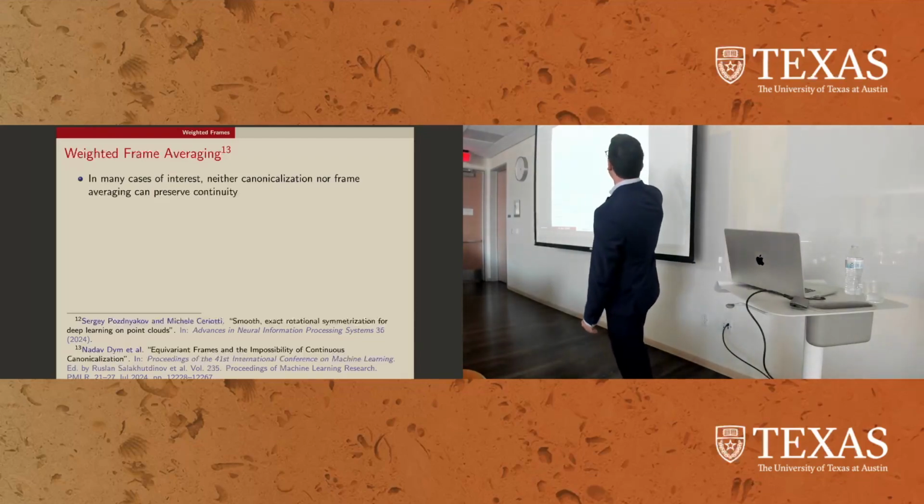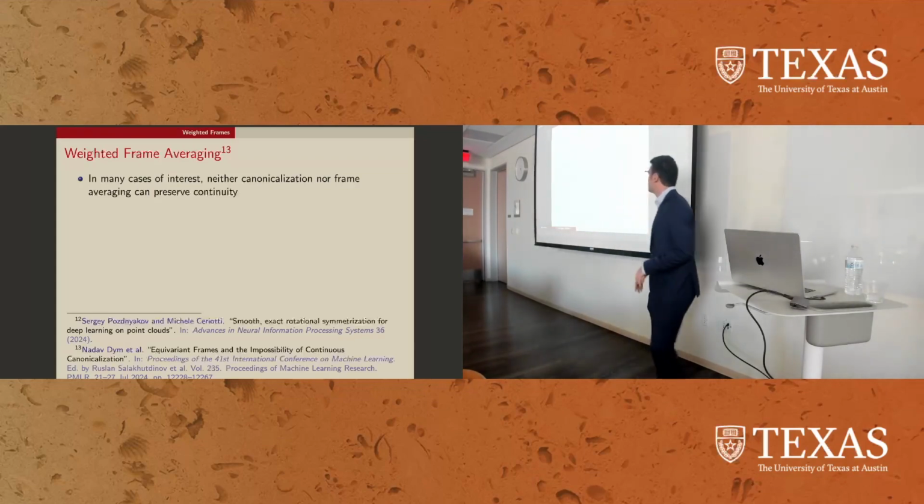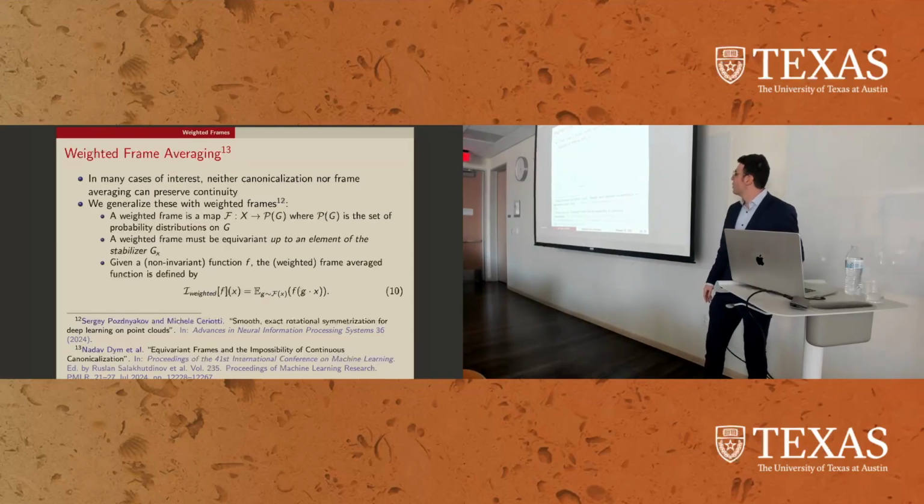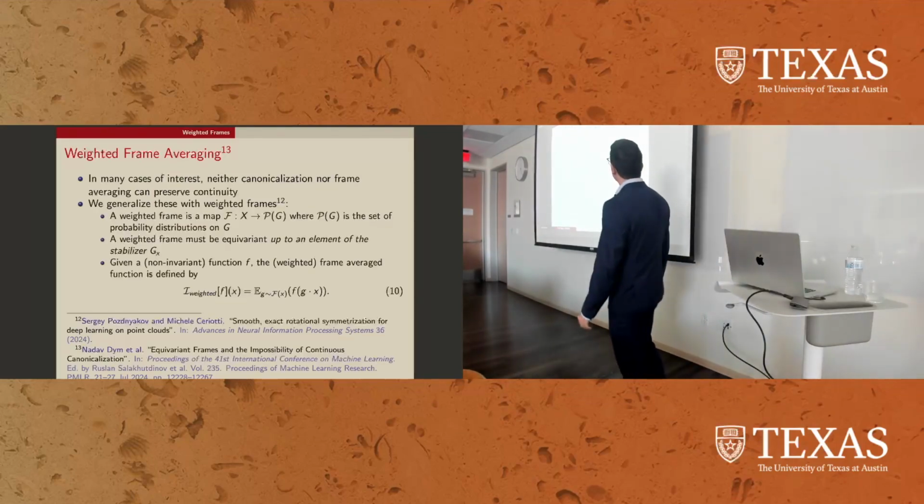So the issue we have here is that neither canonicalization nor frame averaging can preserve continuity unless you average over the whole entire group. So the generalization that we consider is, we allow averages with weights. In words, that's exactly what it is.